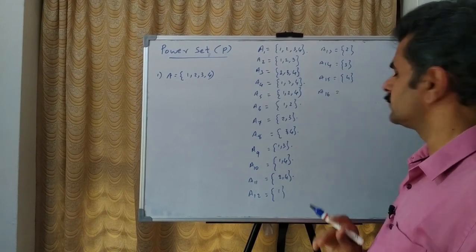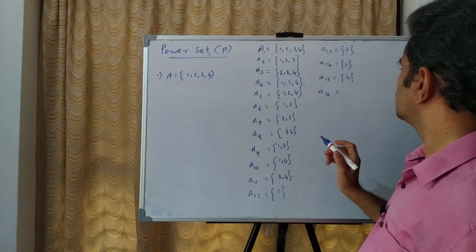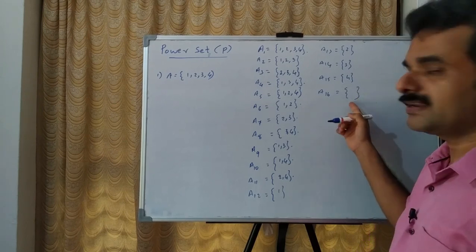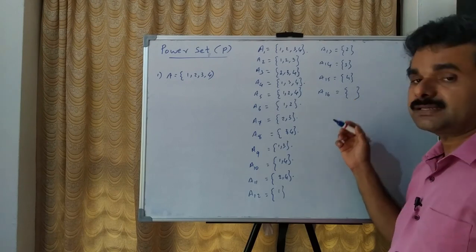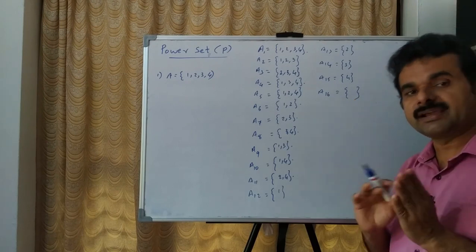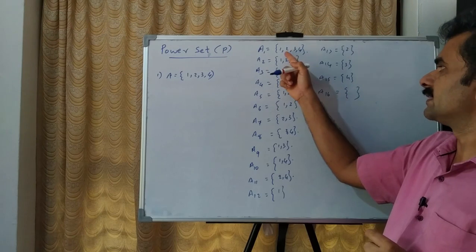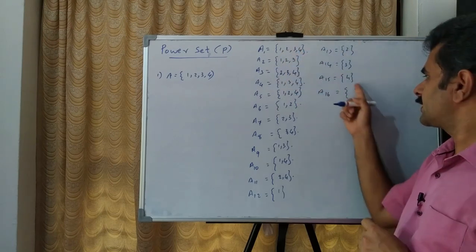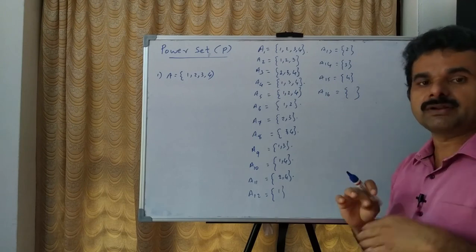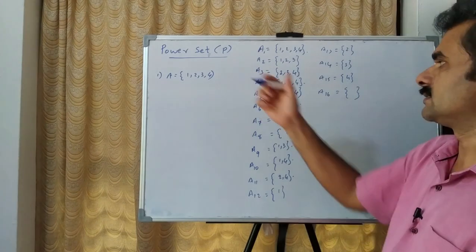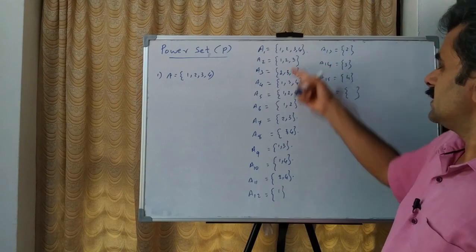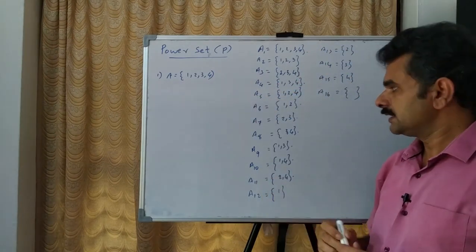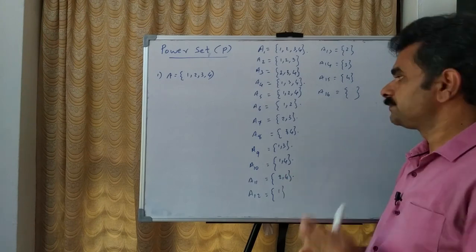A16 is equal to the null set. This is also a subset of every set. The null set is also a subset of every set. So you can take the null set as a subset of every set. So these are the subsets of this set. This list is complete.